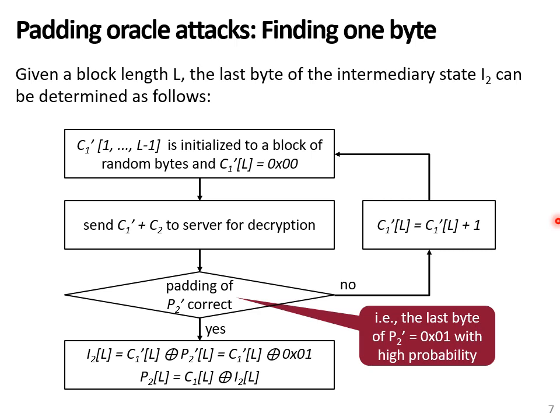The padding is valid, as I mentioned, if the last n bytes of the decrypted block C2 equal n. Obviously, the probability is the highest that the last byte equals 01. The probability is much higher than the last 2 bytes equaling 0202 or the last 3 bytes 030303 and so on.